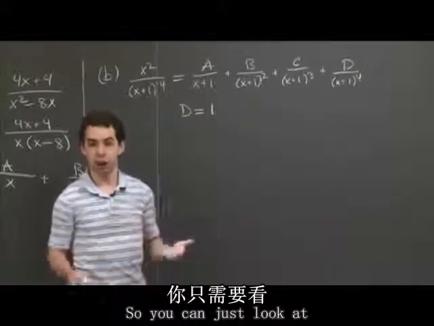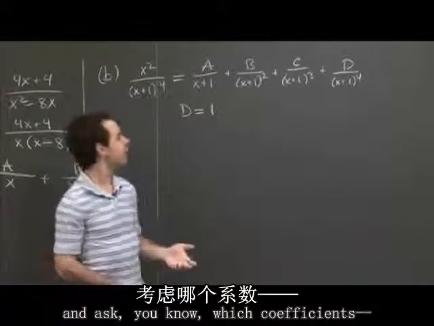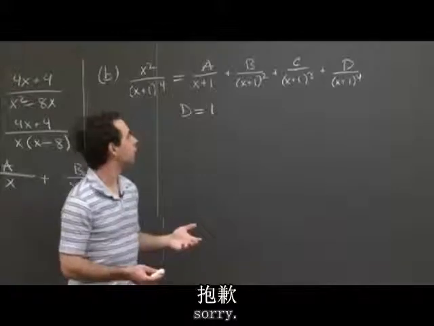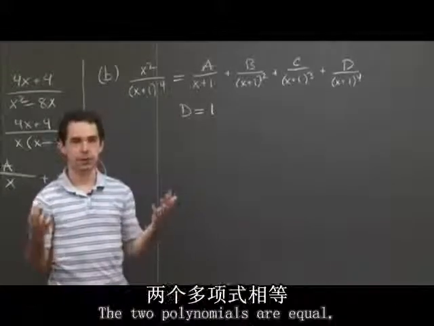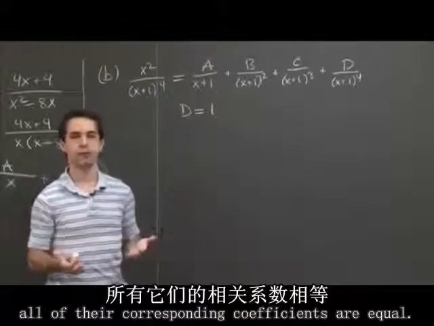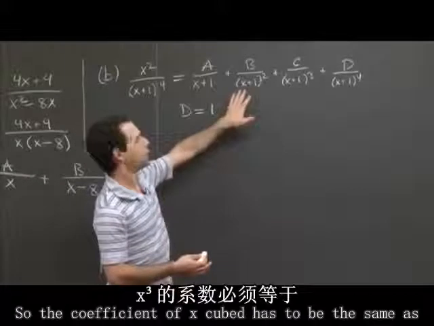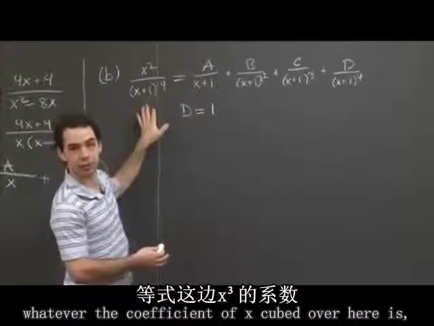So you can just look at the coefficients in that resulting expression. And you can set coefficients on the two sides equal. If the two polynomials are equal, all their corresponding coefficients are equal. So you could look at this side, and you'll say, oh, okay, so the coefficient of x cubed has to be the same as whatever the coefficient of x cubed over here is.